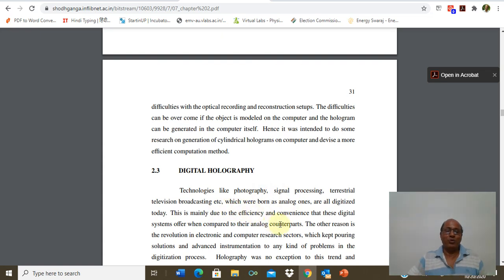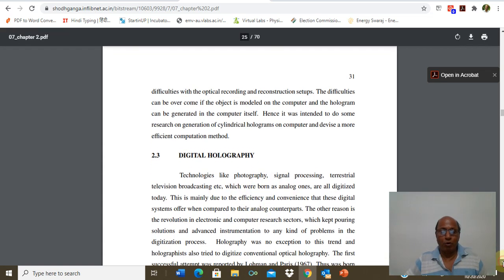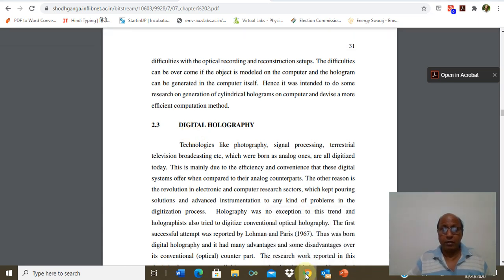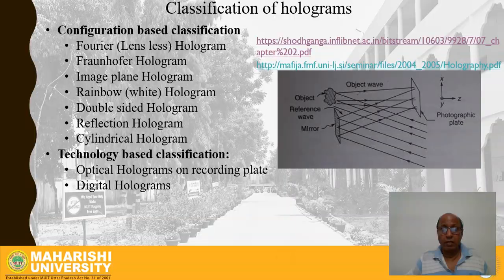And finally, you store the complete holographic information in the form of digits on a computer. This is not the scope of the subject, so I'm just closing it, but the idea was to show how each of these classifications is visible to you, right? So this is as far as the classification is concerned.